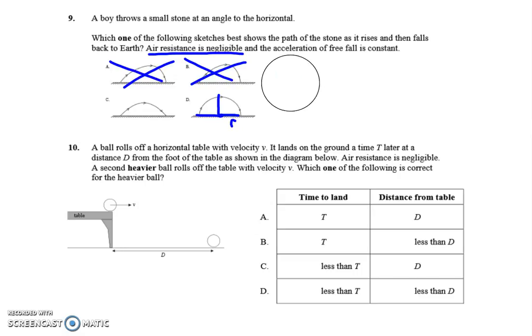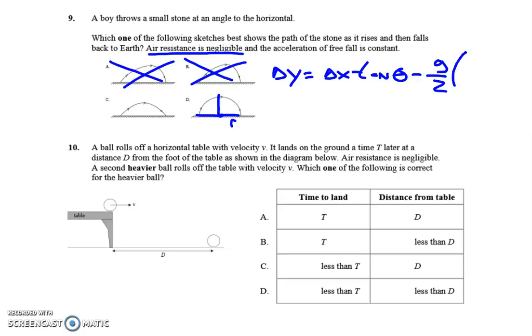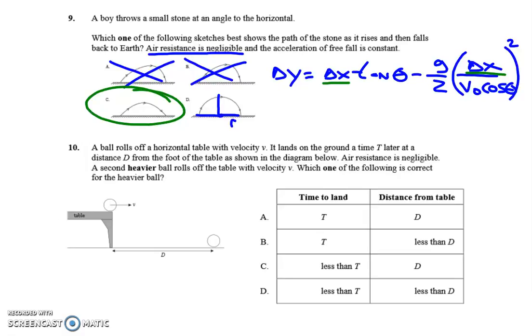What we know about a projectile, and we derived this equation, is that delta y is equal to delta x tan theta minus g over 2 times delta x over v naught cosine theta, squared. So if we look at this, we have delta y as a function of x is a quadratic. Quadratics are parabolas. So that was actually a nice proof that the path it takes should be parabolic. So choice C.